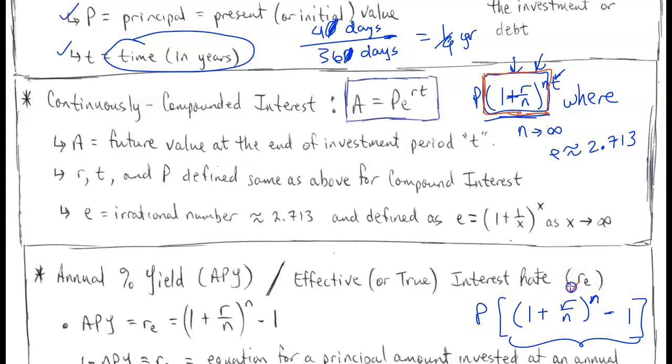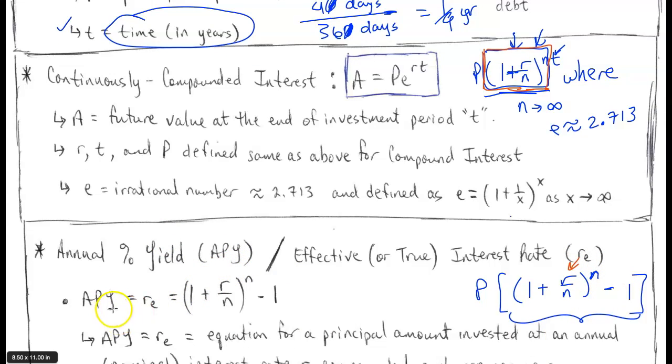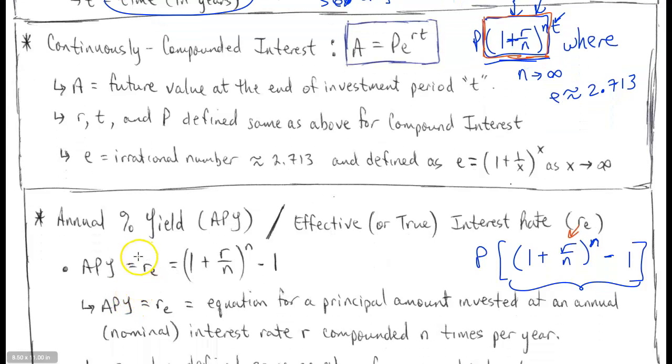And that's the same thing that you see here in this first term. That's why the annual percentage yield, or the effective or true interest rate, is what it is. The last thing I want you to notice before we begin doing examples is that we have two different ways of expressing this.